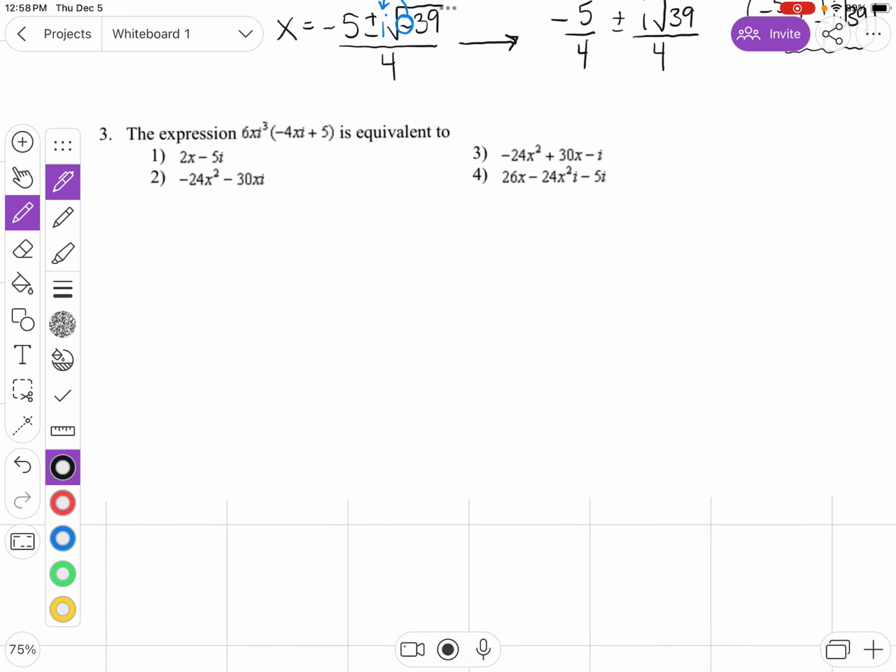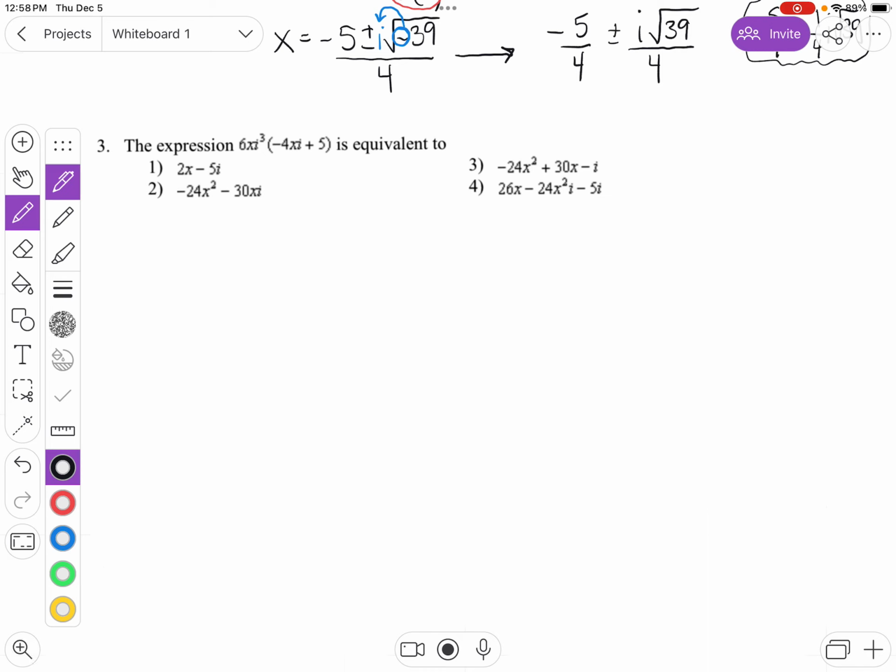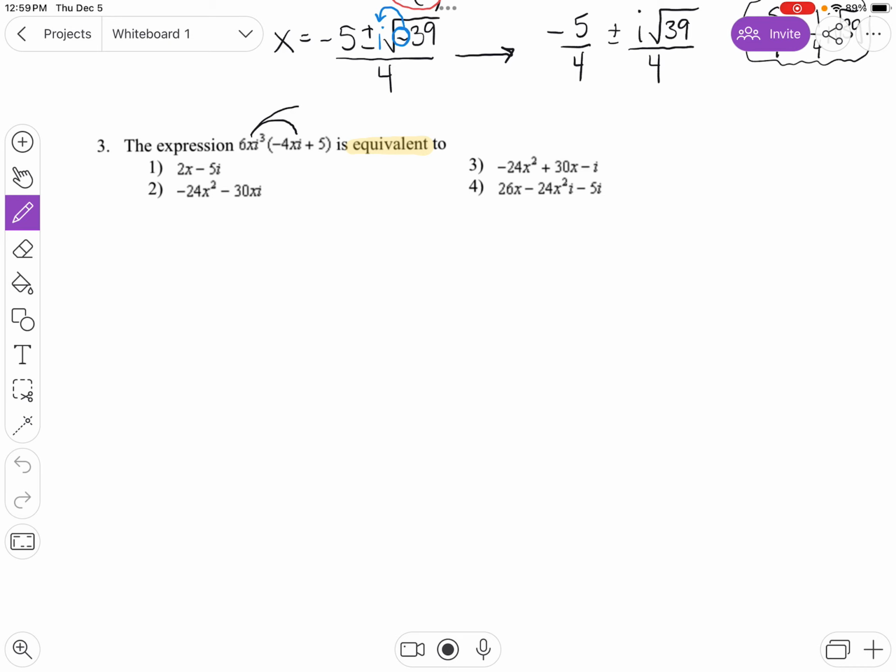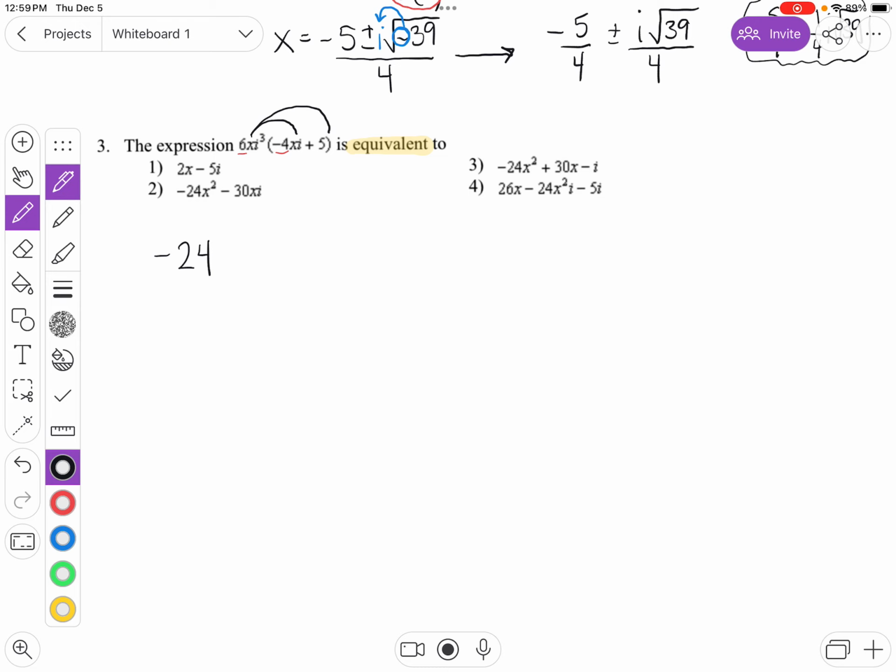Okay, and then our last question here, equivalent. I did show you that you can use your calculator for this, but if we are going to do it the long way, we're going to have to actually multiply. Okay, so let's multiply our numbers first. 6 times negative 4, negative 24. Okay, now let's multiply our x's.